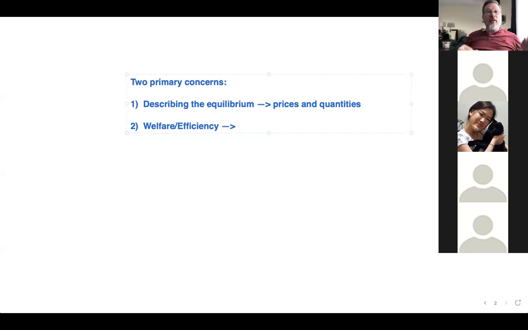We'll note the winners and losers, but from an analytical perspective, looking at the distribution of resources in society as a whole, we treat people that are getting the benefits from production the same as we treat the people that are getting the benefits from consumption.